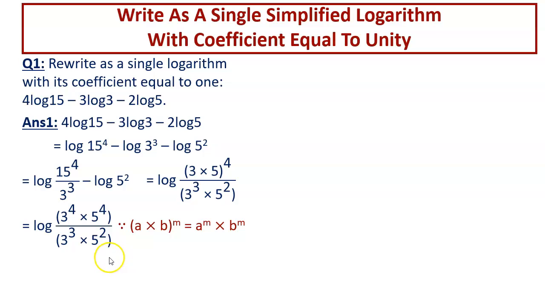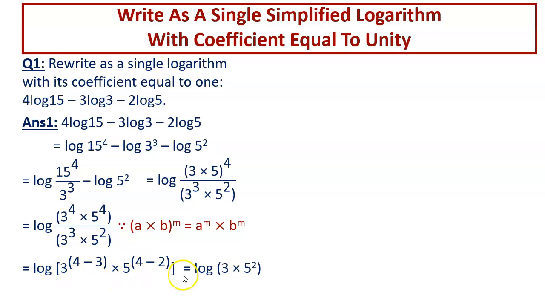Okay. And now again we will be simplifying this argument of the log term by using the properties of exponents. 3 raised to the power of 4 divided by 3 raised to the power of 3 will be equal to 3 raised to the power of 4 minus 3. And 5 raised to the power of 4 divided by 5 raised to the power of 2 is equal to 5 raised to the power of 4 minus 2.